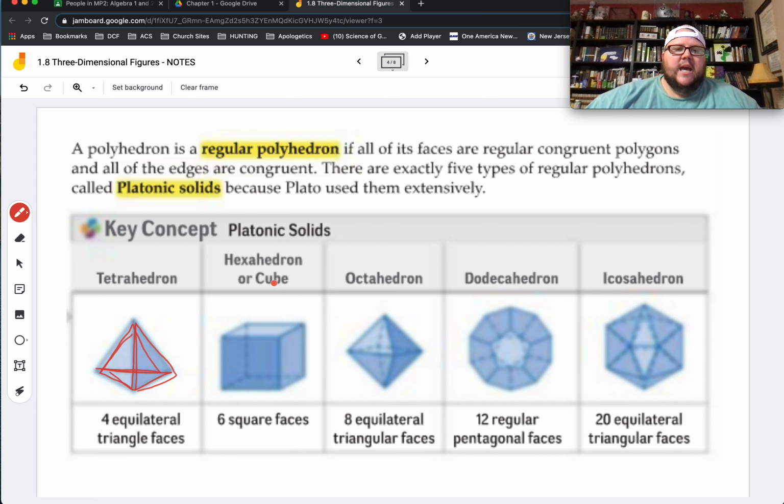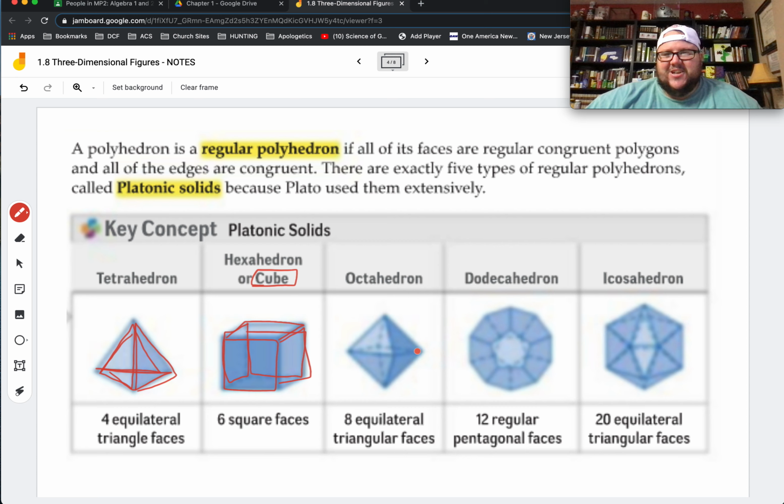A hexahedron or a cube, we like to call these cubes, they all have the same square faces. They're all congruent. There's 6 of them, and they're all equal. An octahedron, you're going to have 8 equilateral triangles.